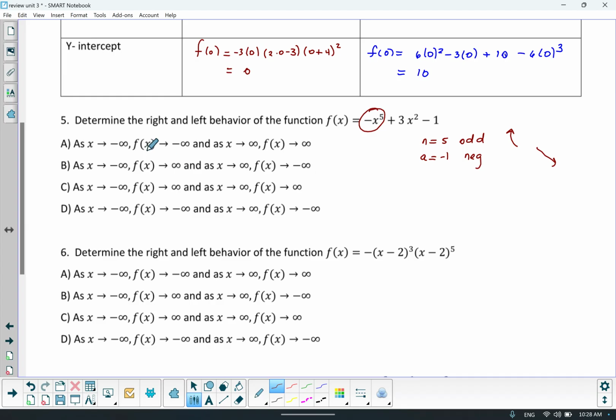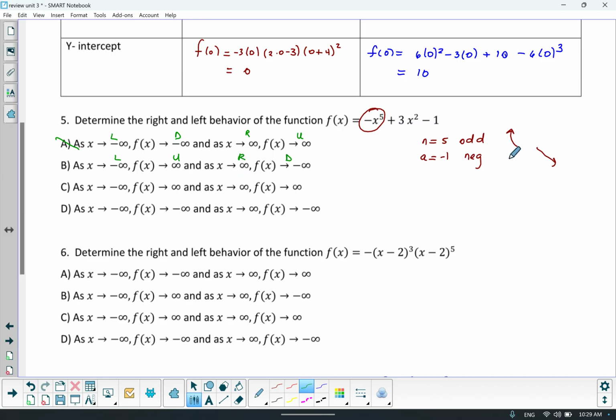So let's go through the choices. What I normally do is I make these little notations above so I can't accidentally choose the wrong problem. A: as you go to the left, you're going down, and as you go to the right, you're going up. Well, that's not what our picture shows. B: as you go to the left, you're going up, and as you go to the right, you're going down.